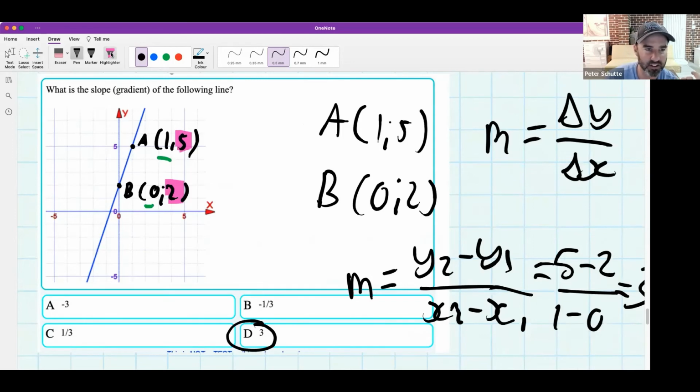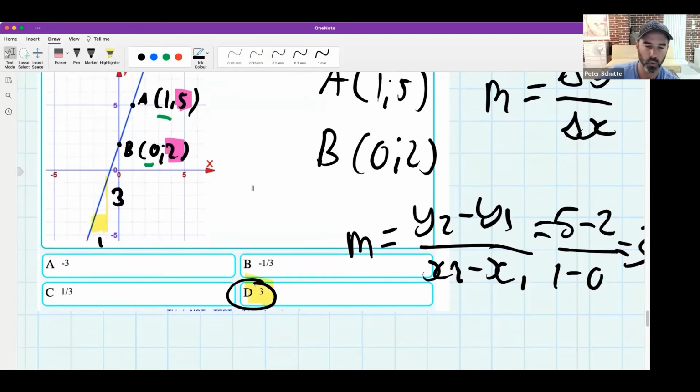You can see this in the graph too. If you manually count it out, you go across by 1 and up by 3, which is basically saying the gradient is 3. 1 across, 3 up. That's why I know the answer had to be 3.